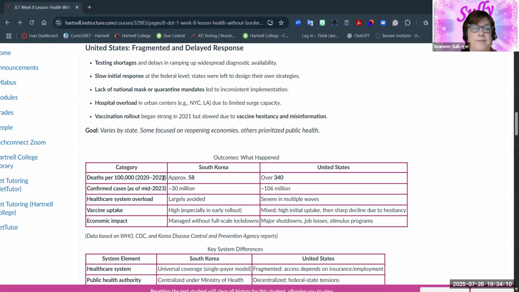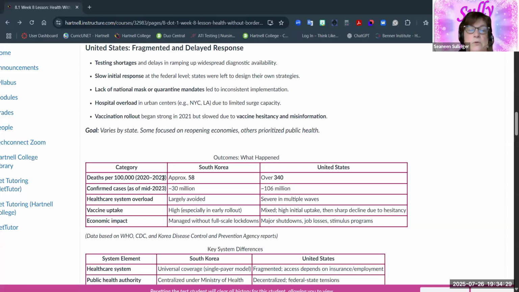And so 58 deaths per 100,000 on average, and over 340 for us. Confirmed cases as of mid-2023, 30 million approximately, triple, right? Triple and a half, 3.5 times, 106 million confirmed cases.